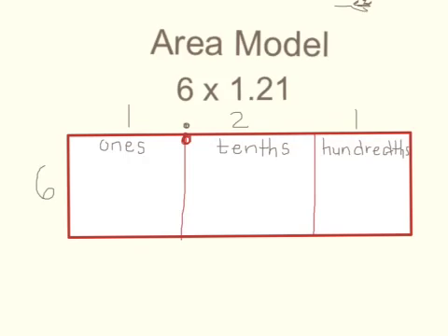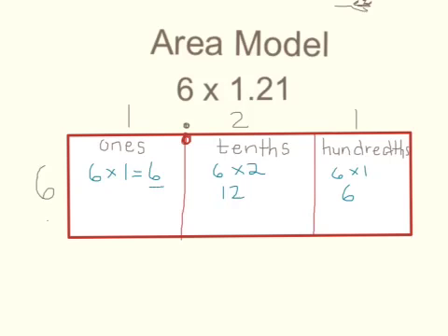What we know is the area model looks pretty similar to our place value chart. We draw our rectangle like an area and we place our numbers. Our 6 is on one side, our 1 and 21/100 will be on top, and again each digit has to be multiplied by our 6. So 6 times 1 is 6. 6 times 2 is 12, and it's in the tenths place. 6 times 1, again, in the hundredths place is 6/100.